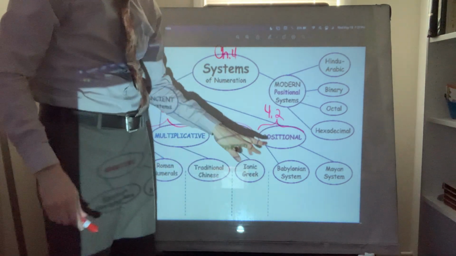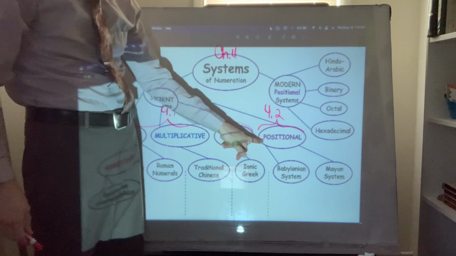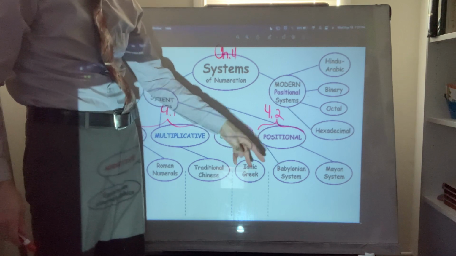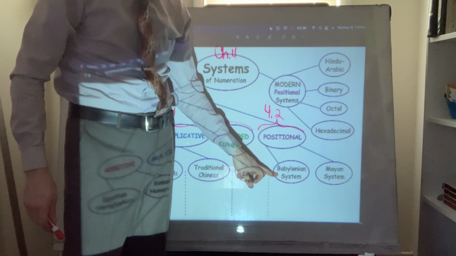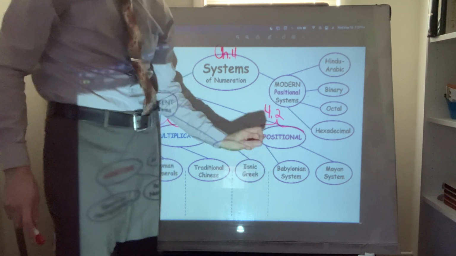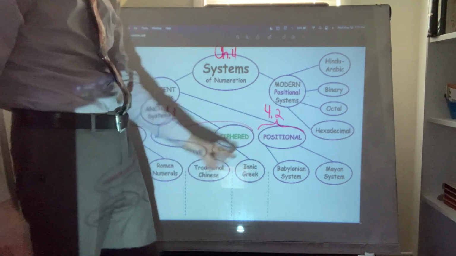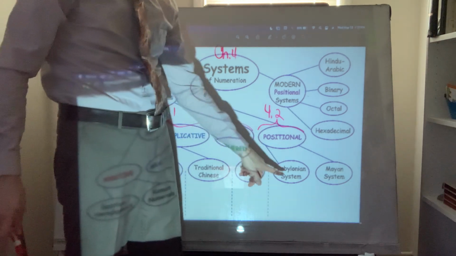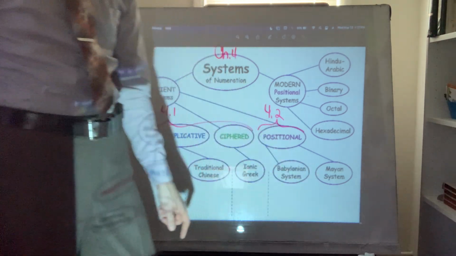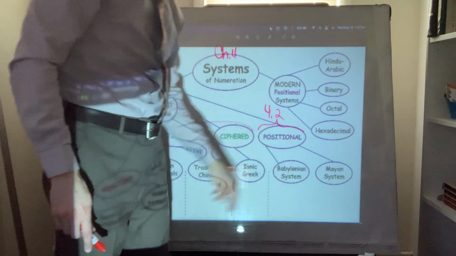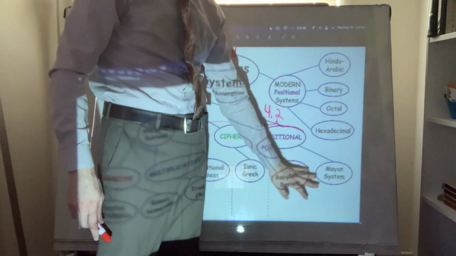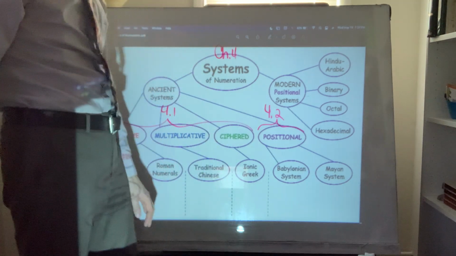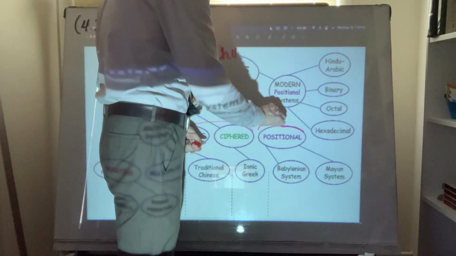These are categorized as positional or place value systems, right? And you'll see why when we get into it. Specifically, we're going to talk about Babylonian, which is probably the oldest system of writing and of numeration, and then Mayan, which is a baby in terms of the age of it, but still quite old. This is from maybe slightly more recently in history.